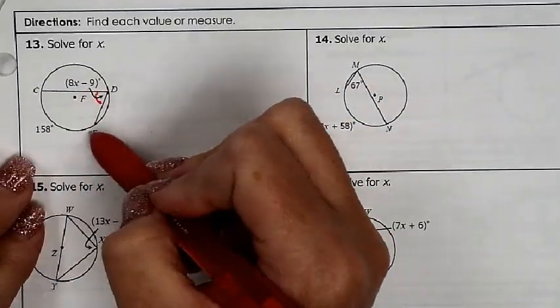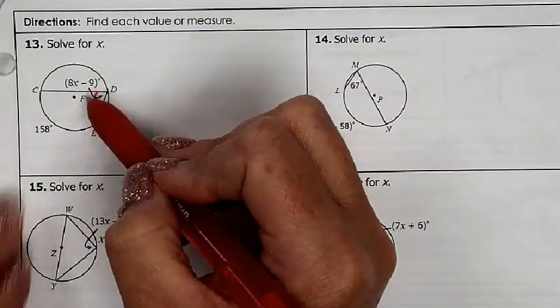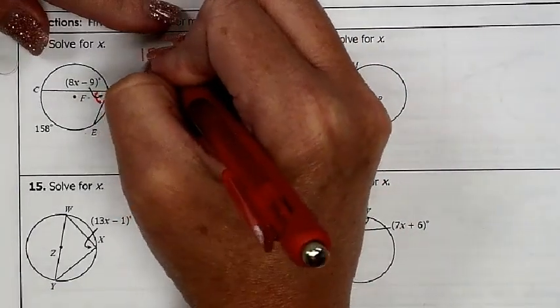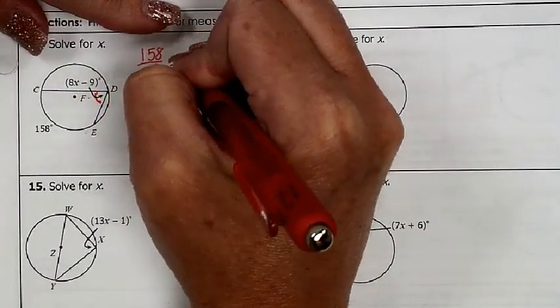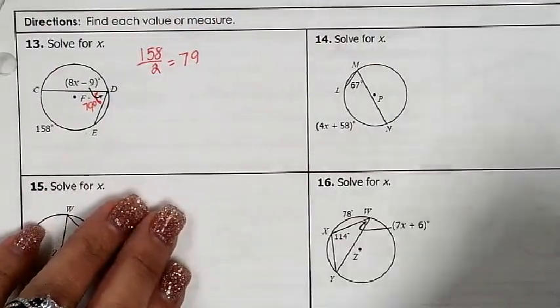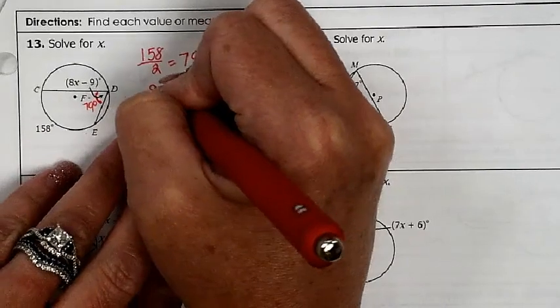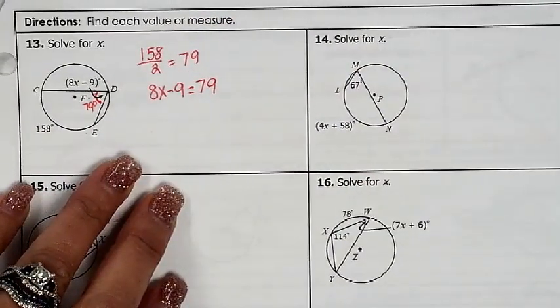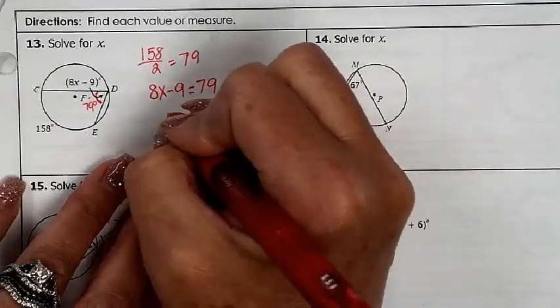So 158 divided by 2 is 79. So this angle is 79 degrees. So that would mean that 8x minus 9 is equal to 79. If I add 9, this would mean 8x is equal to 88, which makes x 11.